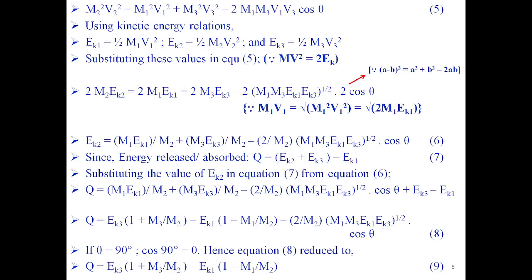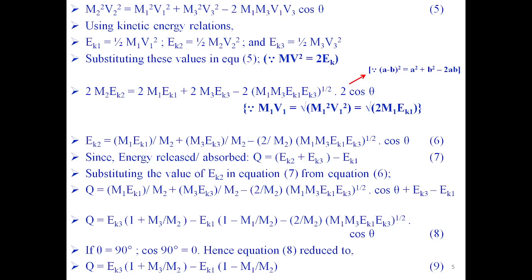So substituting the value of Ek2 in equation 7 from equation 6, we get Q equal to the Ek2 value we are substituting here, plus Ek3 minus Ek1. And now let's take out the common terms. Ek3 is appearing in the second term and the one before the last term, so Ek3 into 1 plus m3 by m2, minus Ek1, which is also common in the first term and last term.